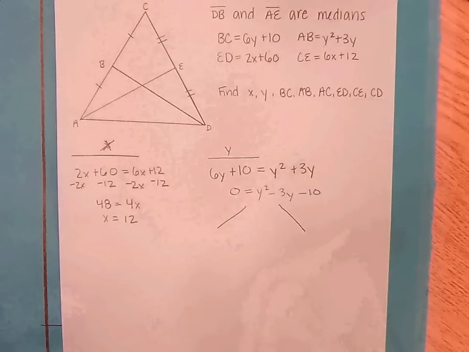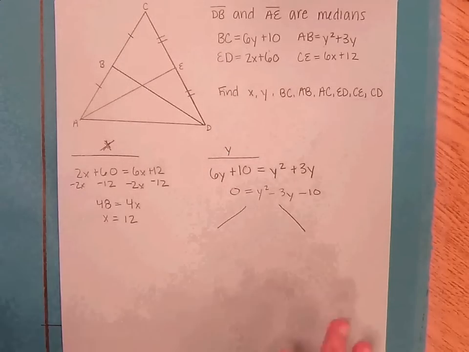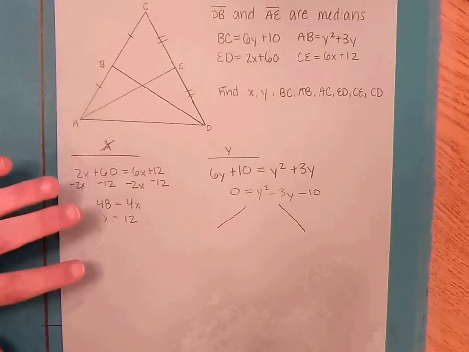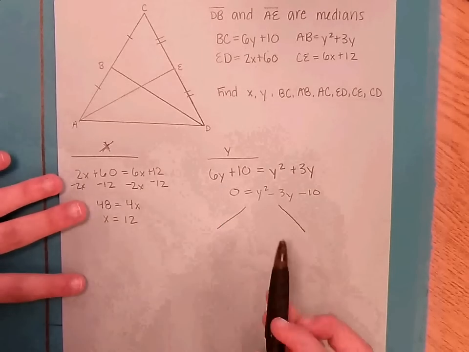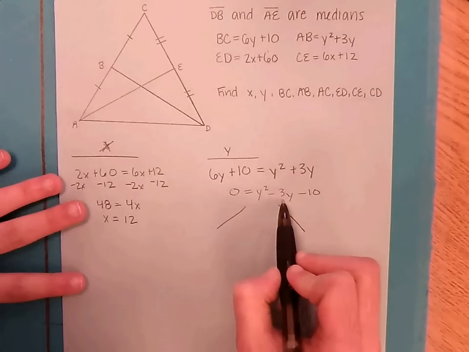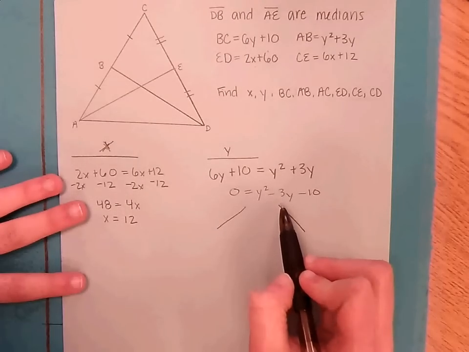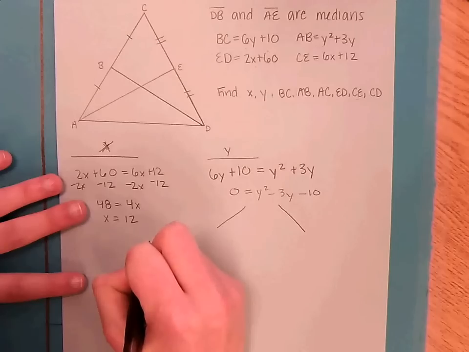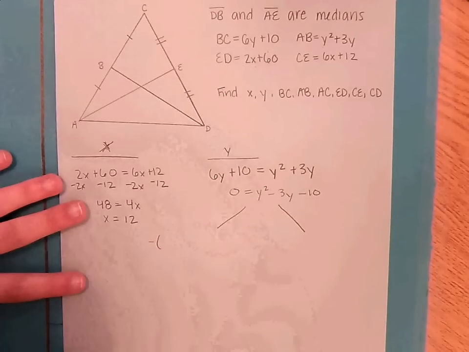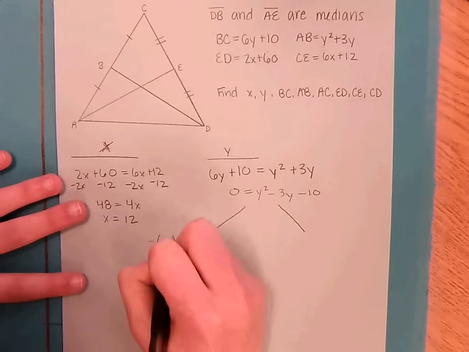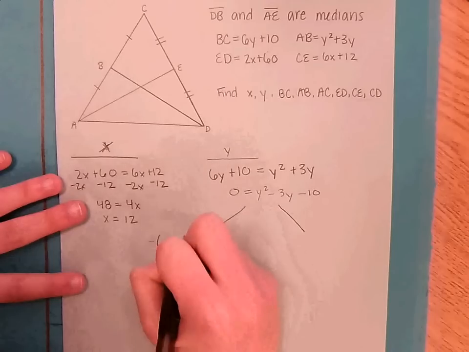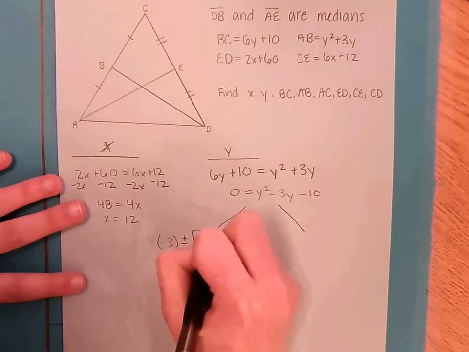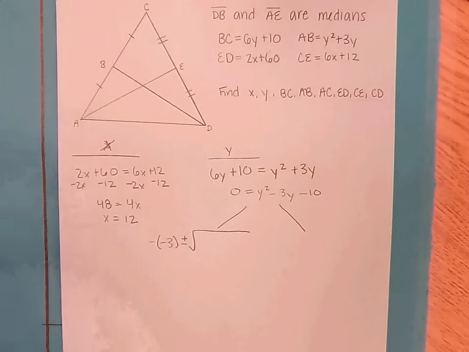So first we're going to do the quadratic formula. How you do that is you do the opposite of b. b right now is negative 3, so the opposite of negative 3 is 3, but we'll write it as negative b, because that always means the opposite of b itself. Then you do plus and minus the square root of b squared.